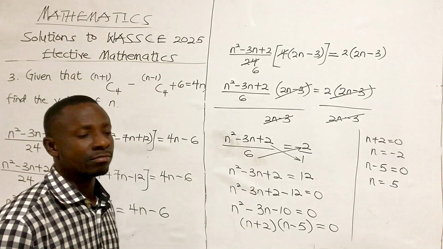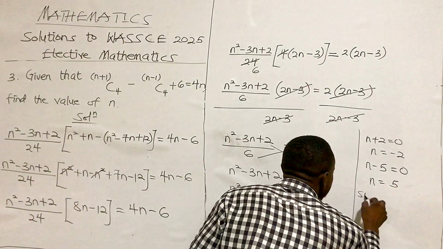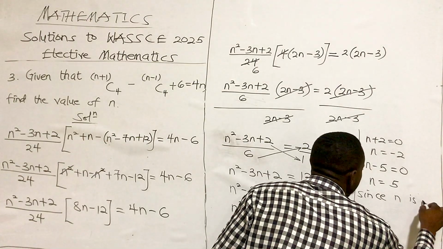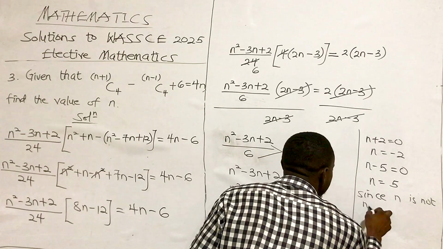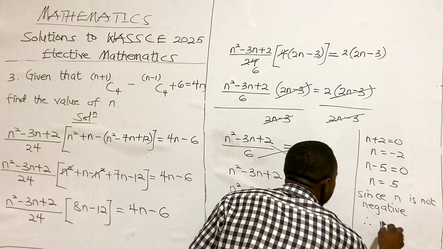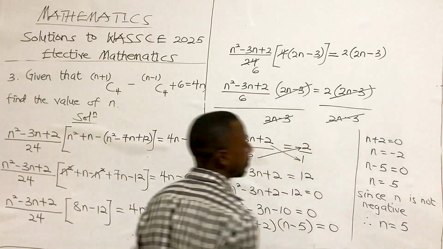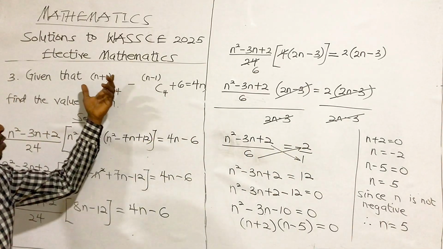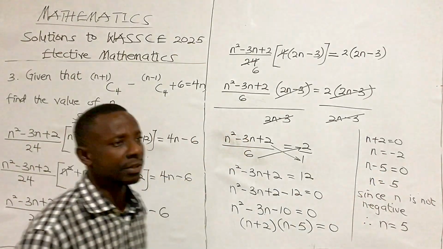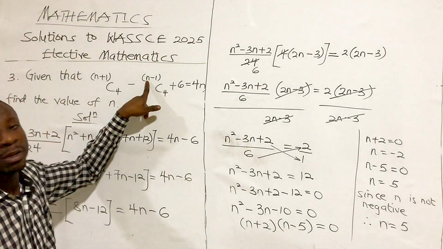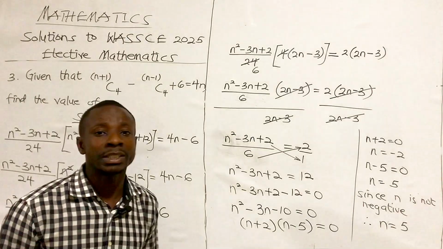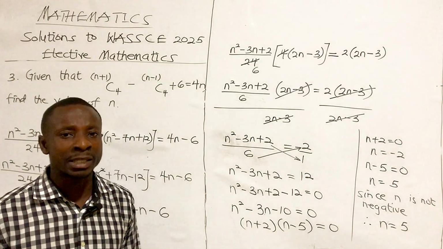But here, since n is not negative, therefore n is equal to positive 5. Combination does not take negative figures. So when you put negative 2 here, you are going to get negative 3 combination 4, which is going to be math error.